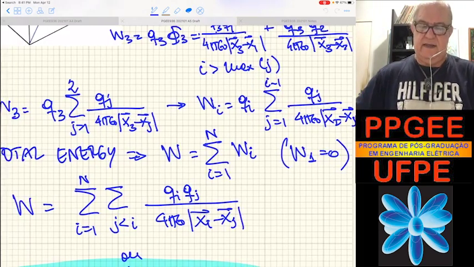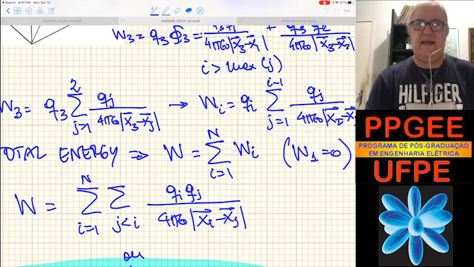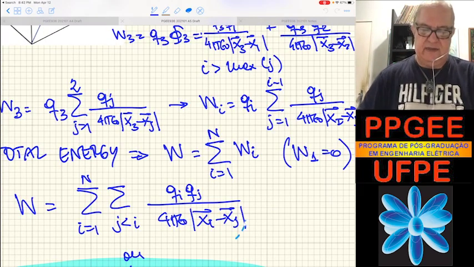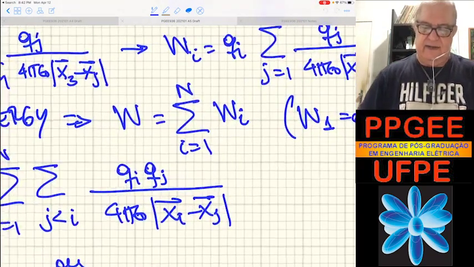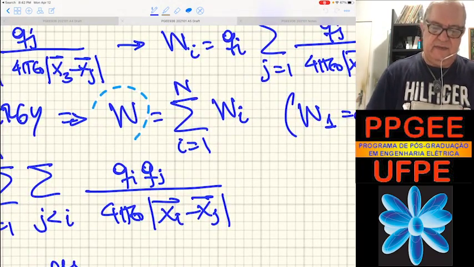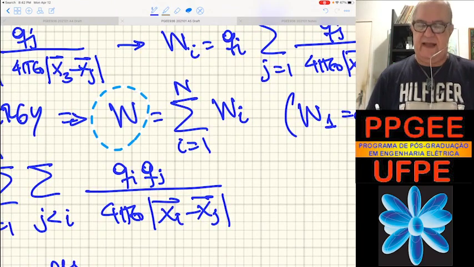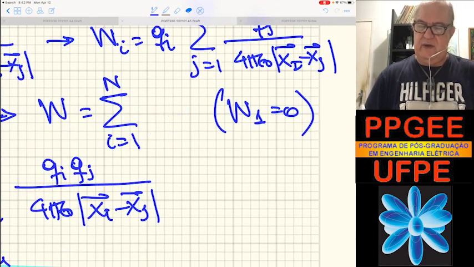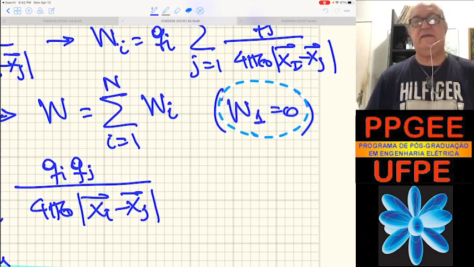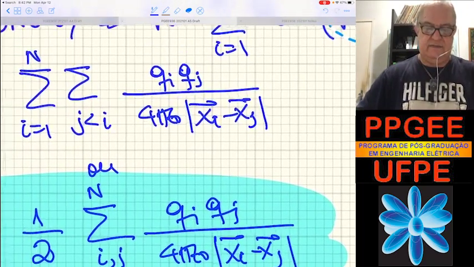Okay? So that's the energy to add Wi, right? So the total energy is the sum of these additions. W equals the sum from i equals 1 to n of Wi, with W1 equal to 0 because it's the first charge.